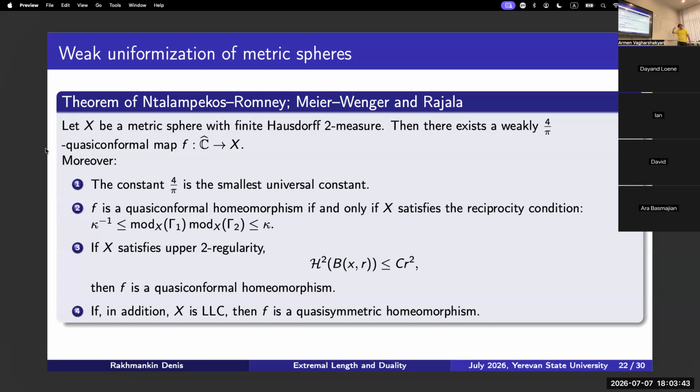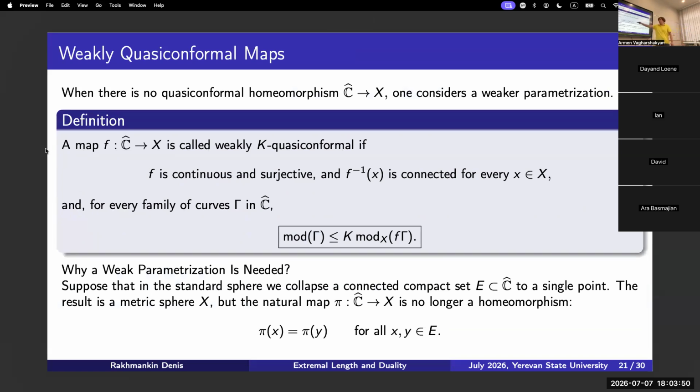That means the modulus must increase, and that's the reason why we do not ask here for an upper bound. The lower bound we get every time, but the upper bound is not true because of that bad situation.